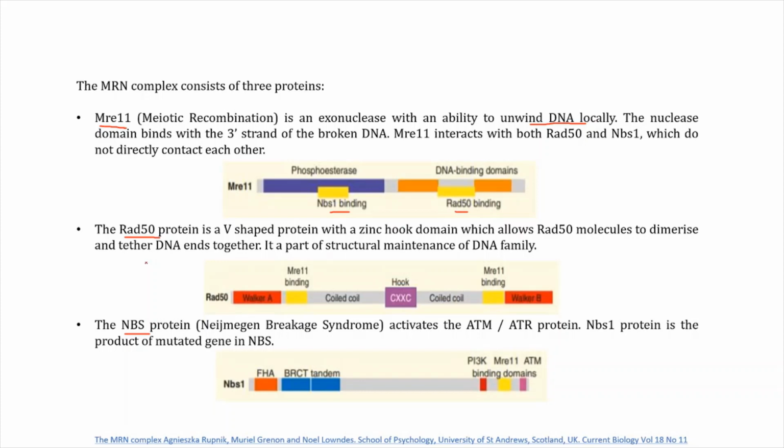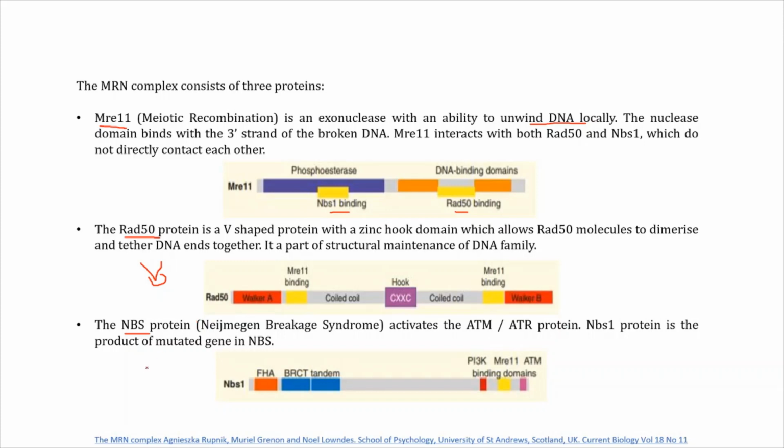RAD50 is a V-shaped protein with a zinc hook domain, and this allows the RAD50 molecules to dimerize and then attach the DNA ends together. So this is the zinc hook domain, and two MRE11 proteins bind to two RAD50 molecules.